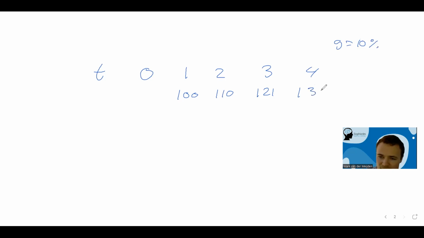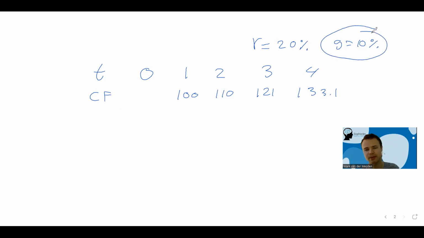And then I get 133.1 in year 4. And those are my cash flows. The discount rate will now be 20%. So here you have an annuity because it's a finite period that we get those cash flows, but now there's a growth rate in it of 10%.